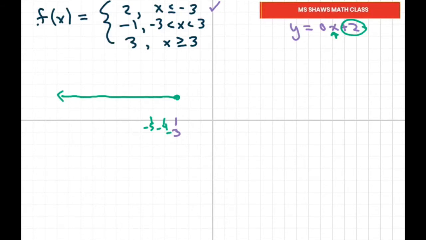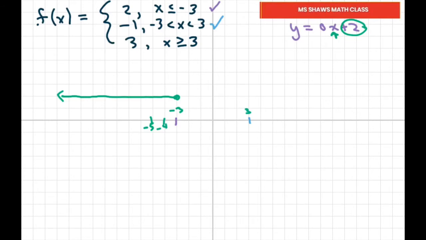All right. Now for the second piece, which is this one, we want to graph from negative 3 to 3. So I'm going to put the 3's on top here. So this is negative 3 and 3.